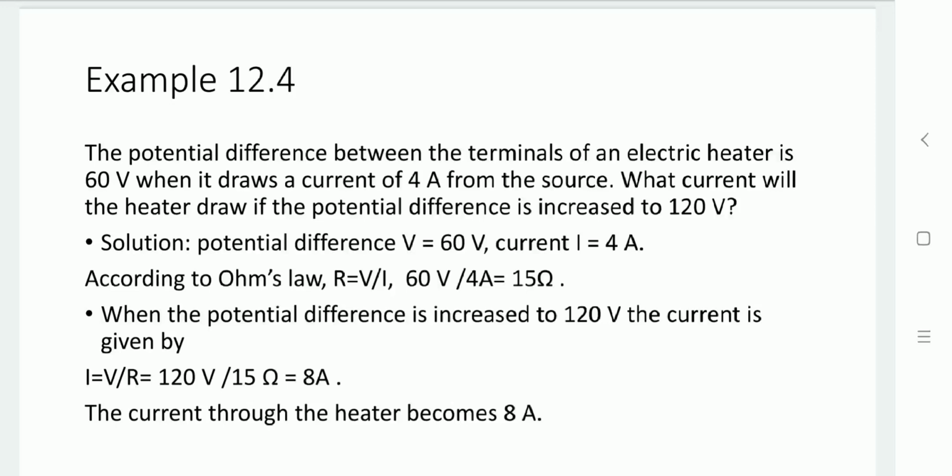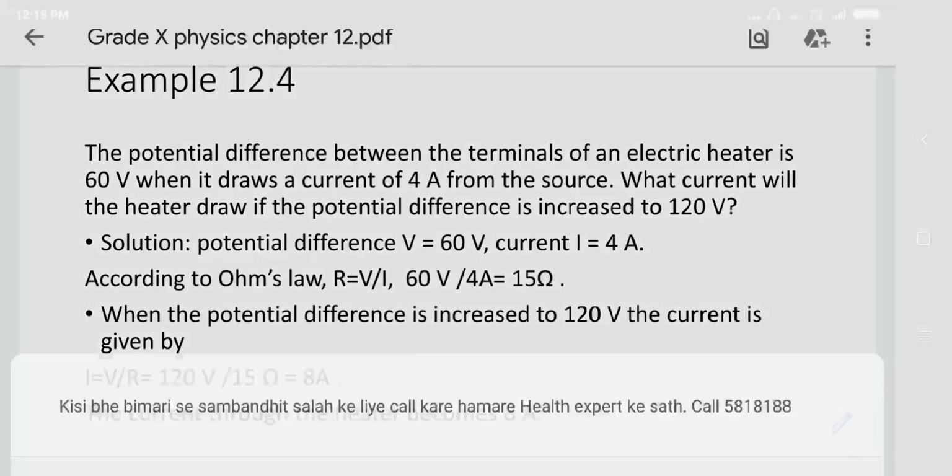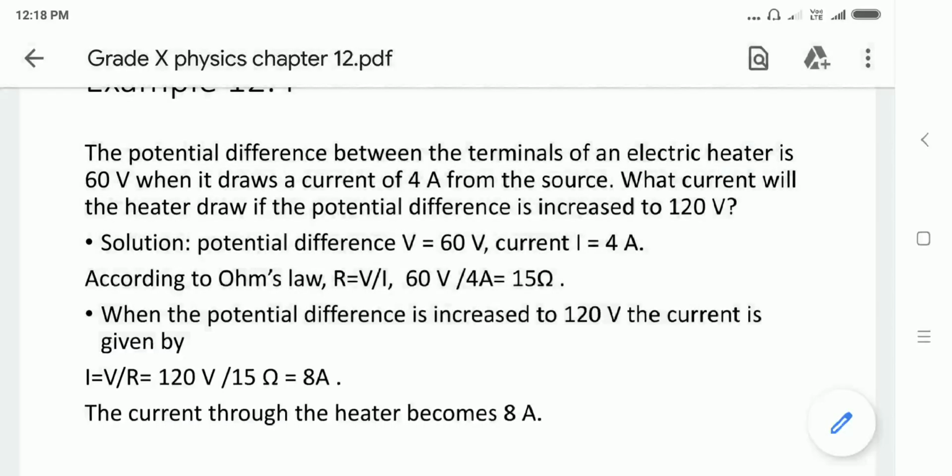Here, in the first case, the potential difference V is given as 60 volt and the current as 4 ampere. And we are going to derive its resistance value. According to Ohm's law, R equals V by I. Place the values of V and I and we are able to get the resistance value 15 ohm.